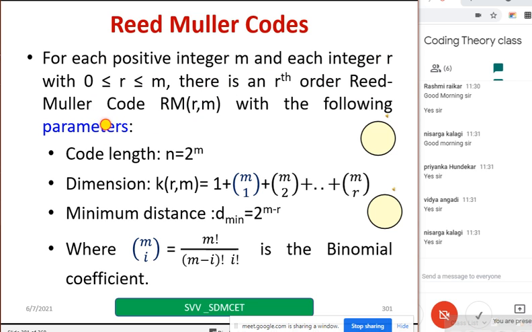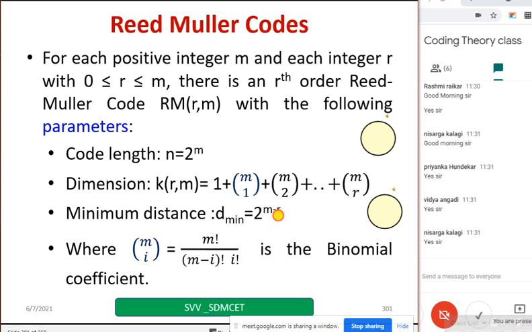All of you know some of the parameters we have discussed in linear block codes. Similarly, we are talking about a Reed Muller code. Code length n equals 2 raised to m. Dimension is given by k(r, m) equals 1 plus m choose 1, m choose 2, up to m choose r. Minimum distance d minimum, which you have discussed there also, here is 2 raised to m minus r.